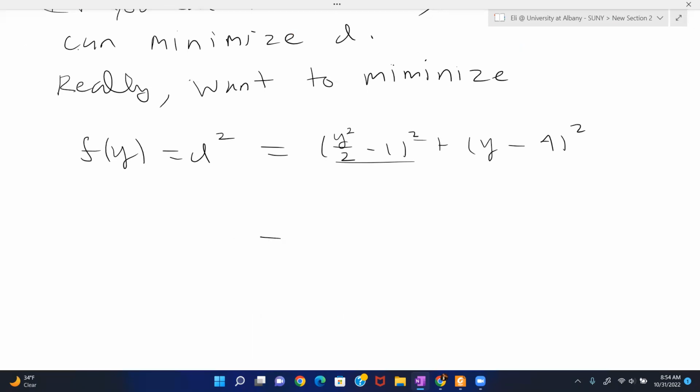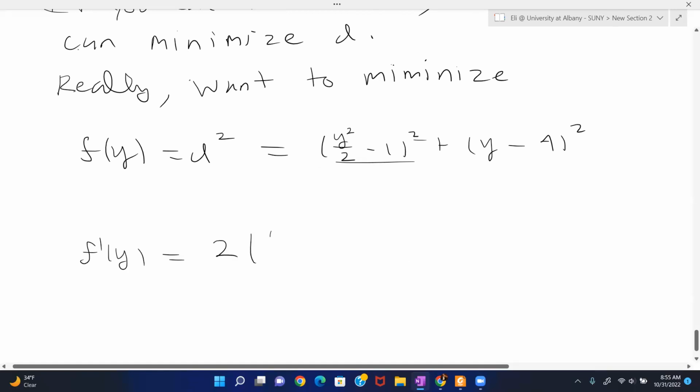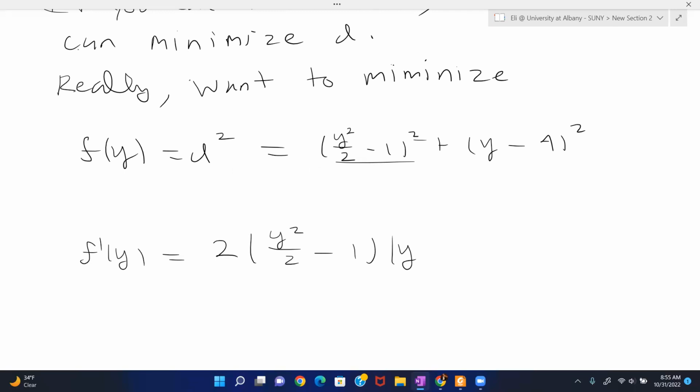So this is our y, and so f prime of y. So sorry, this is f of y. So f prime of y is going to be 2y squared over 2 minus 1 times I guess y plus 2y minus 4 times 1.